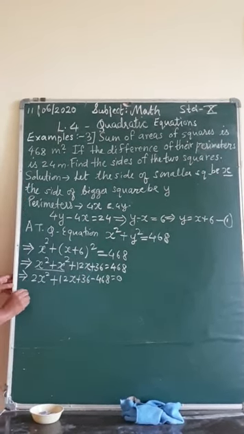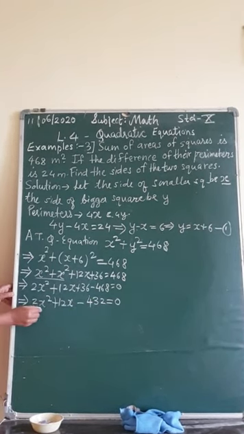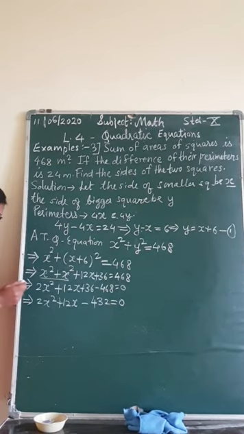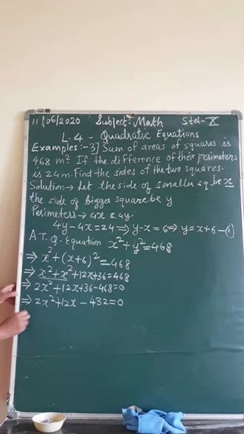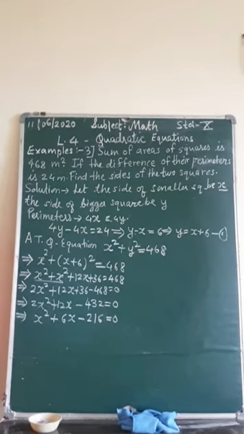So finally we get 2x square plus 12x minus 432 is equal to 0. Dividing the whole equation by 2, we finally get x square plus 6x minus 216 is equal to 0.